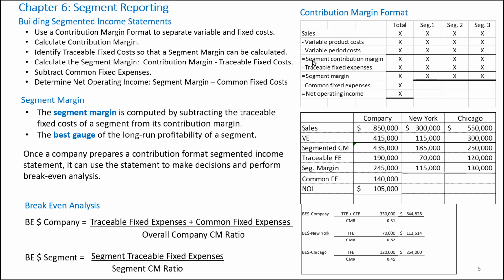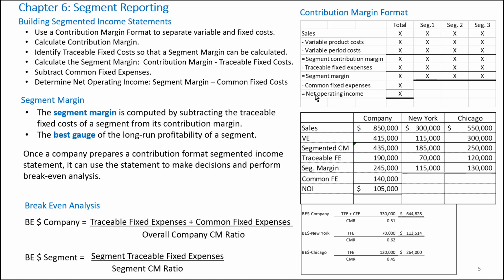Following the segmented contribution margin are the traceable fixed expenses. Once you subtract the traceable fixed expenses from the segment contribution margin, you get the segment margin. From the segment margin, you'll subtract common fixed expenses to get the net operating income.